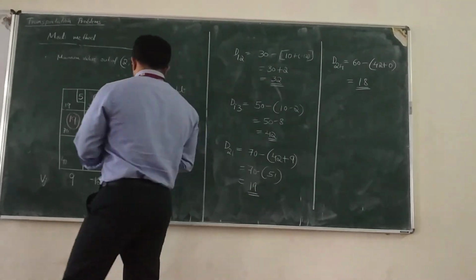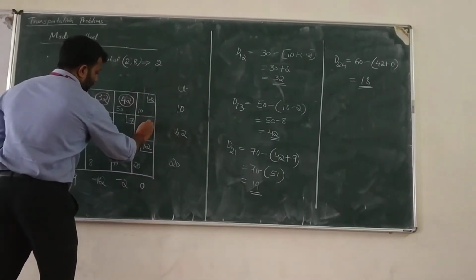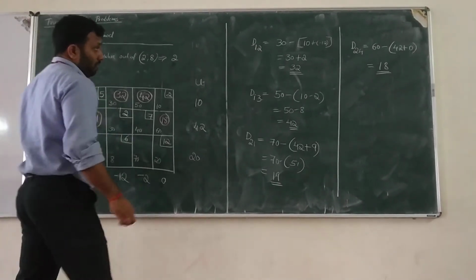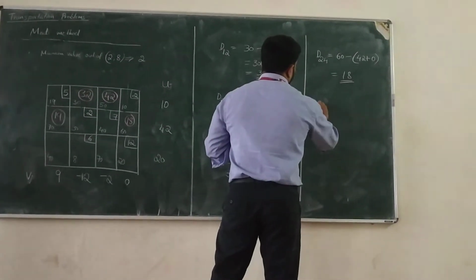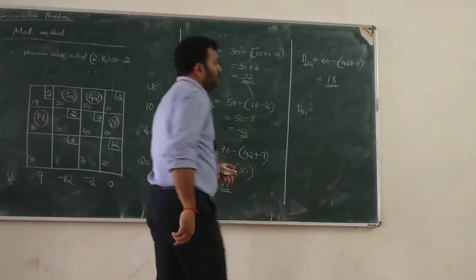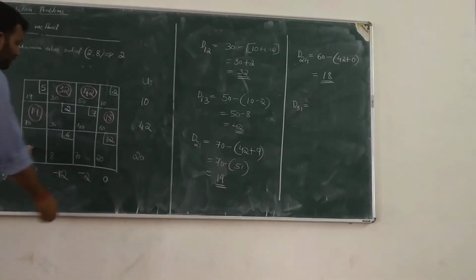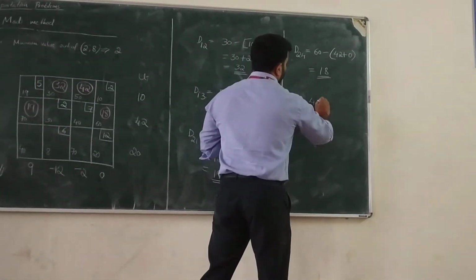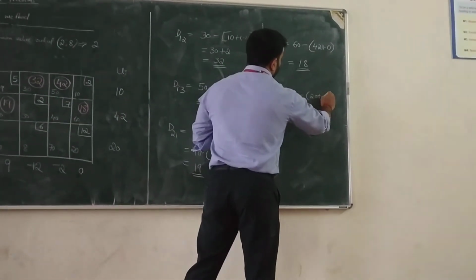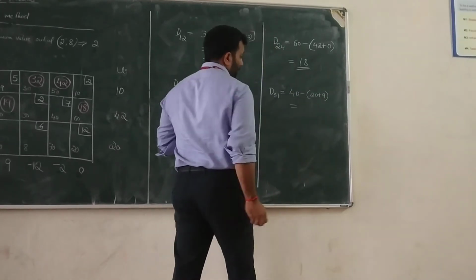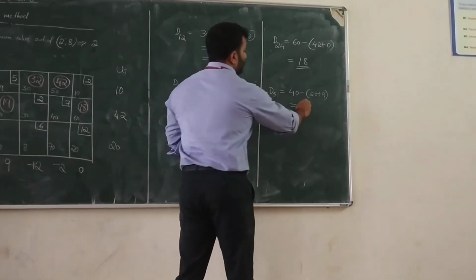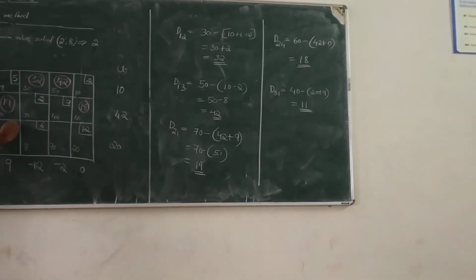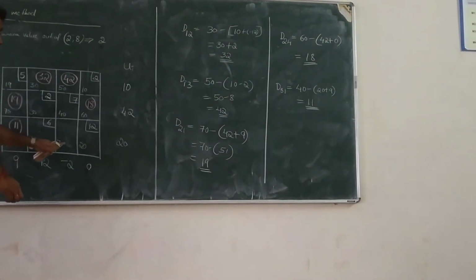So here it is 80. Now here D31 position, that is 40 minus 20 plus 9. 40 minus 29, that is 11. So here I have got 11 and here 70.